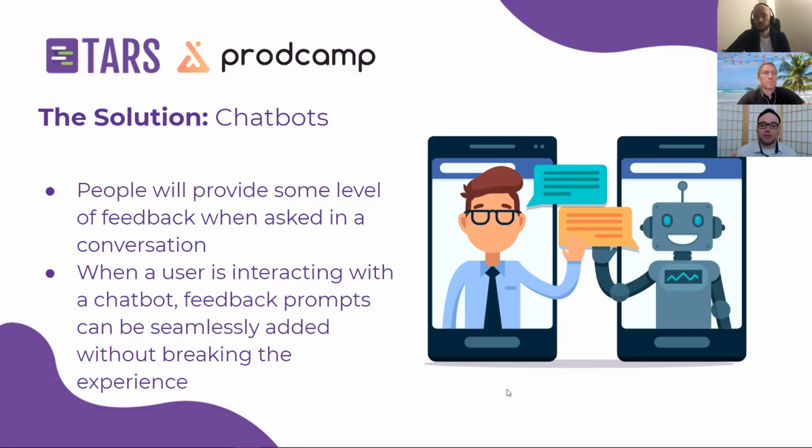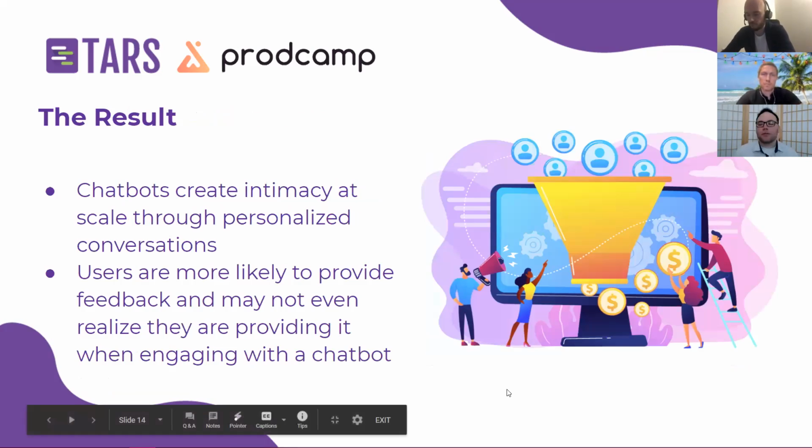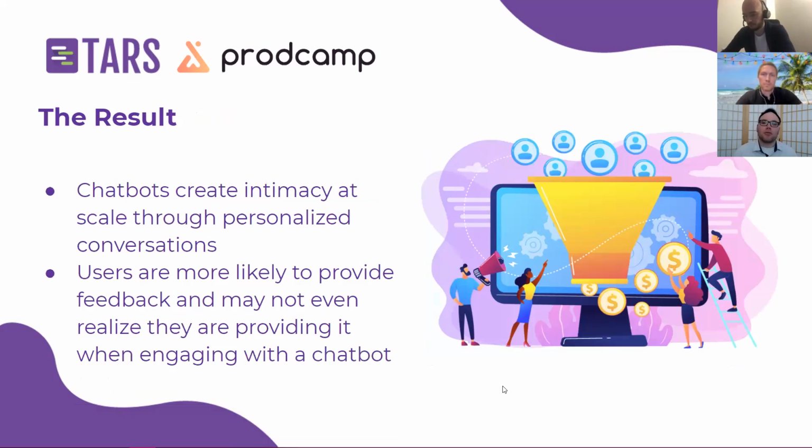So really what this means is that chatbots create that conversational layer, and they can be deployed either on the product side, on your website, through omni-channel approaches, email, whatever it may be, where you're trying to reach out to these folks. And you can create those multiple channels that actually create intimacy at scale, as we like to say, right? So conversations, one-on-one conversations, even automated, feel more intimate.